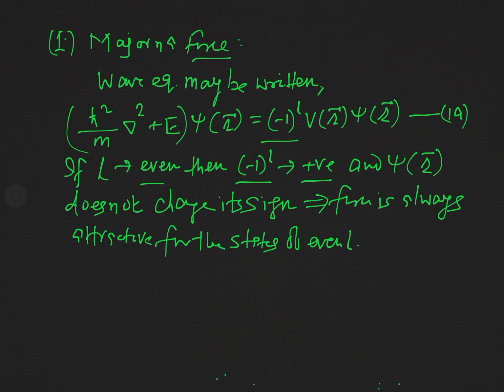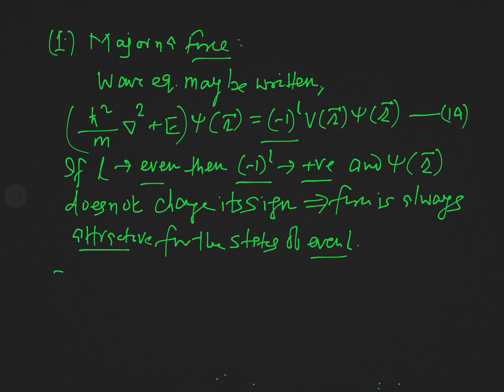And if this factor is positive, then psi of R will not change its sign. Psi of R will remain psi of R, and in this condition the force is attractive for all even L, that is when L is 0, L is 2, L is 4, L is 6. In all these cases force will be attractive.